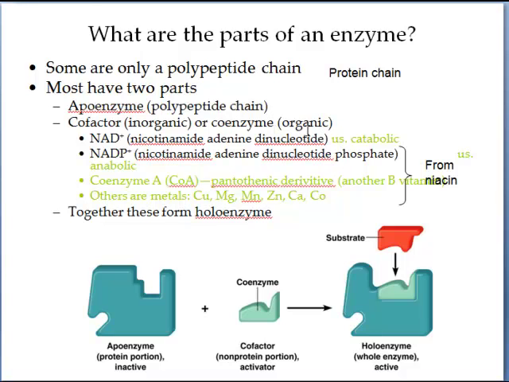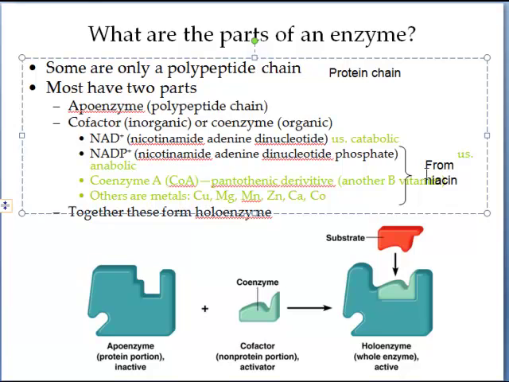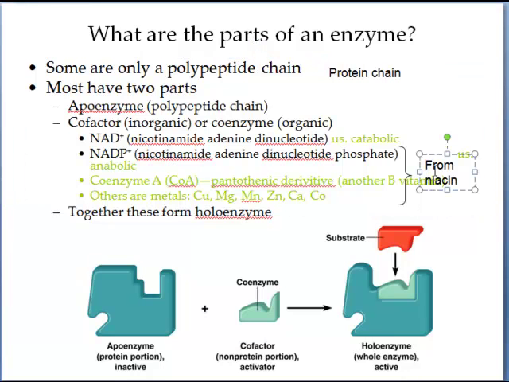So, for example, when we talk about vitamins, vitamins are coenzymes. They're organic molecules. Cofactors would be, for example, calcium ions, zinc ions, manganese ions. Those are cofactors. Okay, nicotinamide adenine dinucleotide.